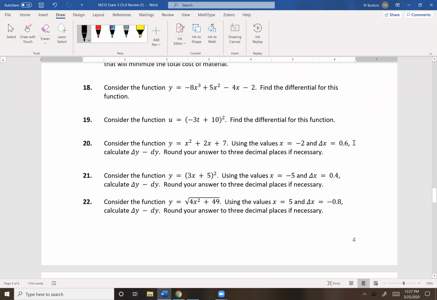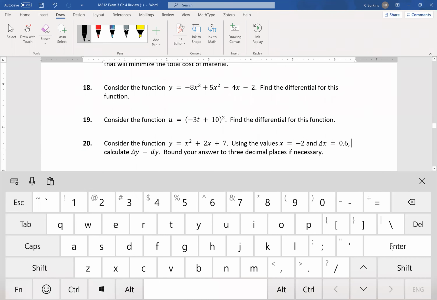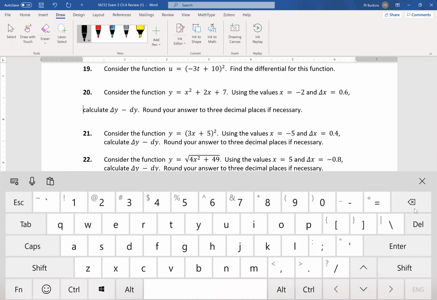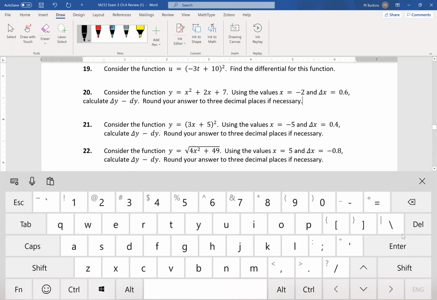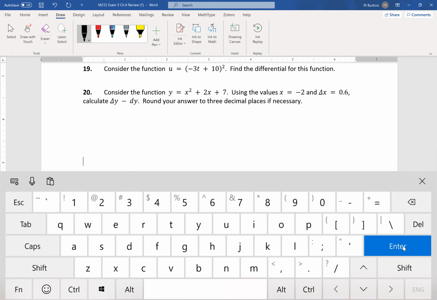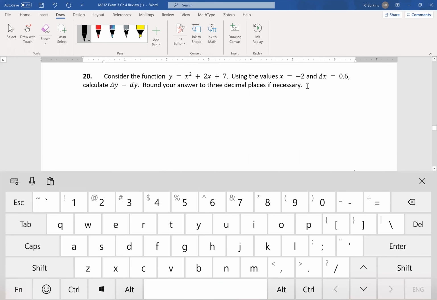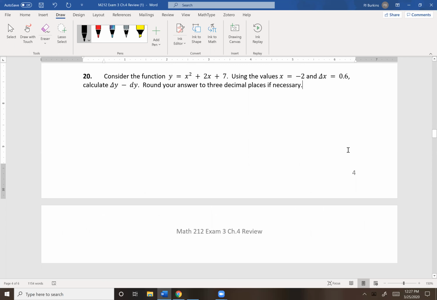So consider this function. Let me just make some space. How do you guys like this format as opposed to working on the screen?